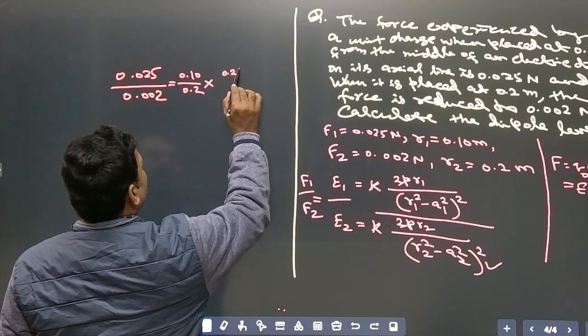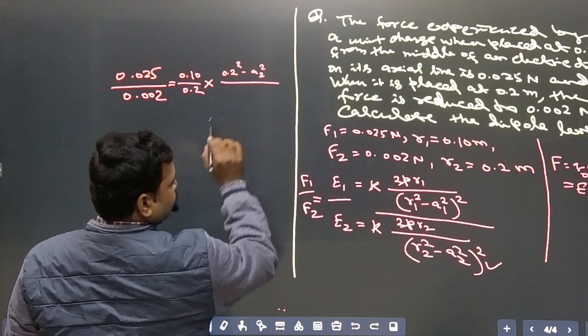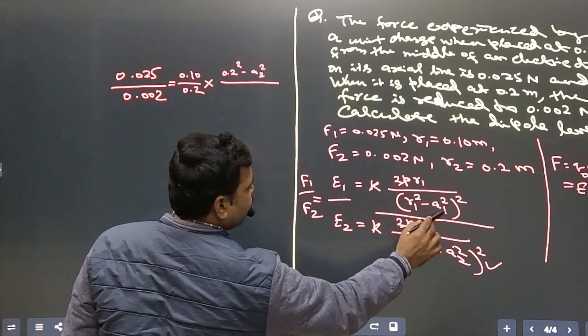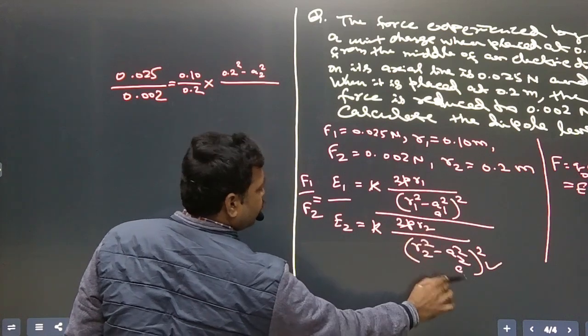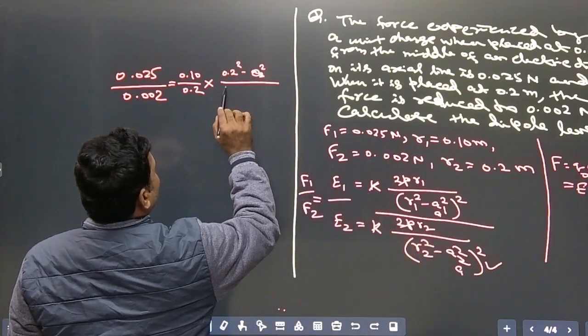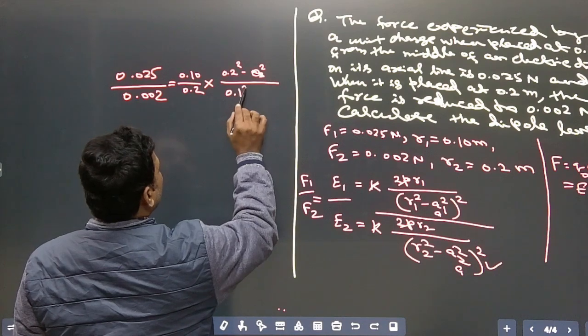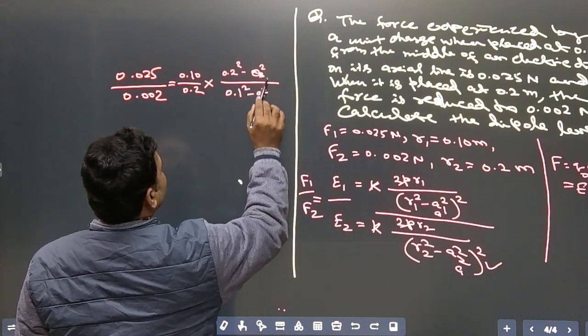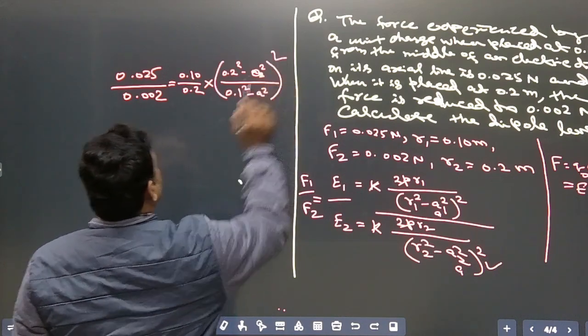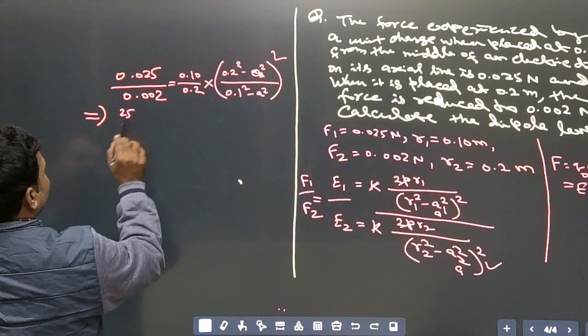So this is R2 square minus A2 square upon, so in this case this A is the same, so we can consider it as A only. So this is A square, and this one is R1 is equal to 0.1 square minus A square, so total whole square. So now you can calculate this one. This will come as 25 upon 2.